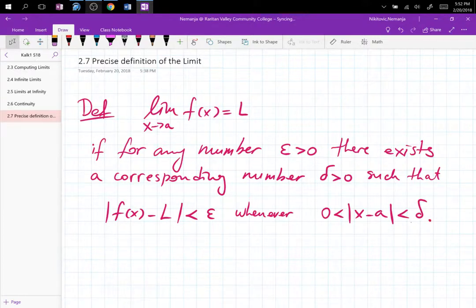Before I explain anything from this definition, I will say that epsilon and delta are letters from the Greek alphabet. Epsilon corresponds to our E, and delta corresponds to our D. You have probably seen a lot of the Greek alphabet so far. You took trig, so you know alpha, beta, gamma.